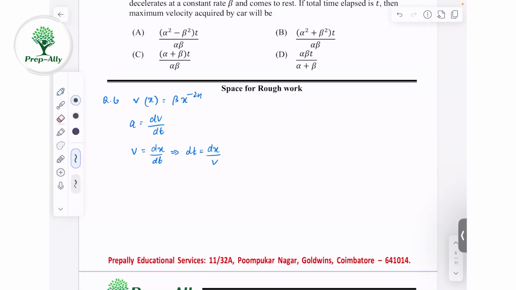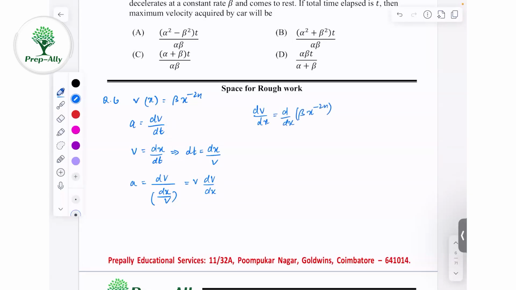We're going to use that in the function of acceleration. a is dv by, instead of dt, it's going to be now dx by v. So that gives us v dv by dx. Now, from here, we can say that dv by dx is d by dx of beta x to the power minus 2n.